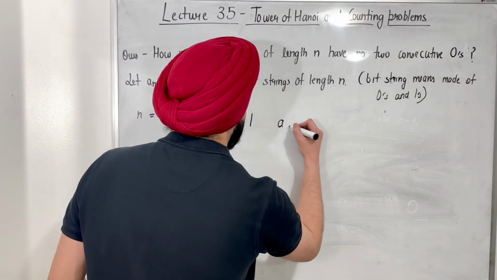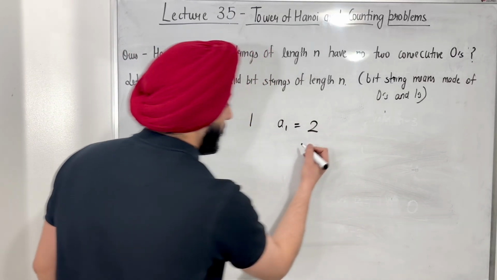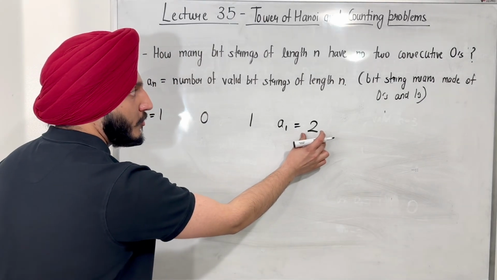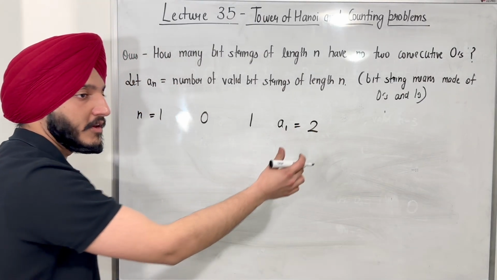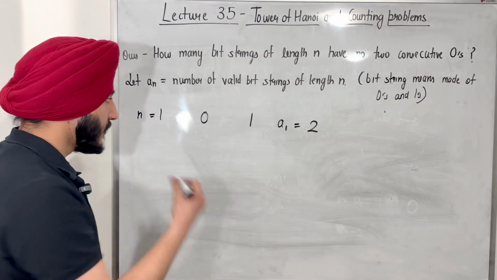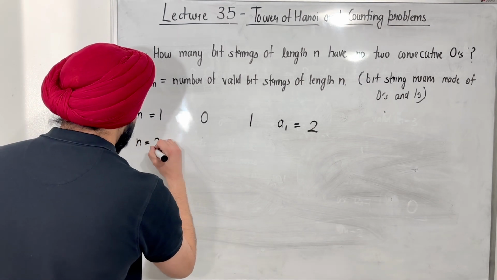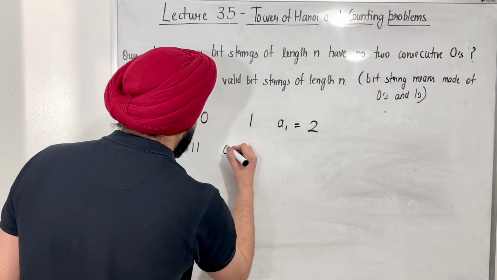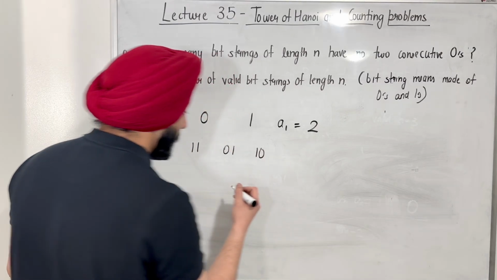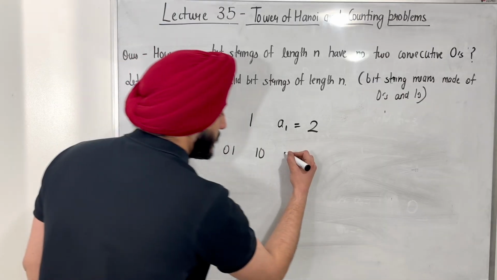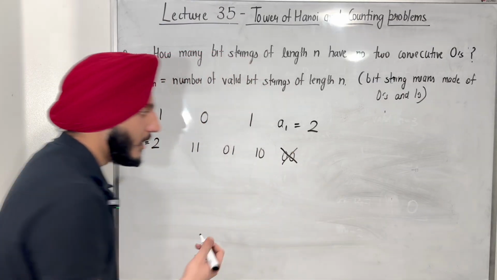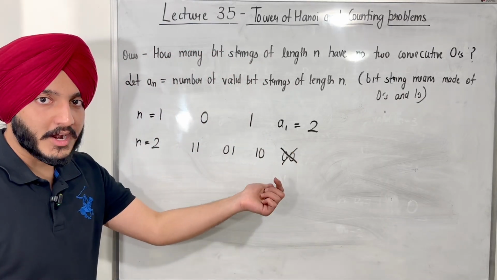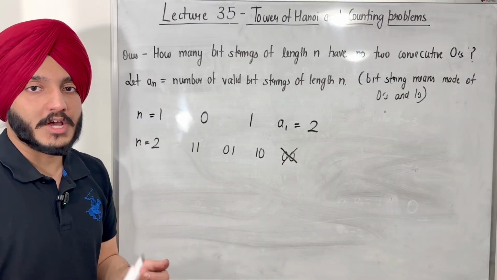So a_1 would be 2, meaning you could have 2 valid bit strings where there are no consecutive zeros. For n equal 2, you could have 1 1, 0 1, and 1 0. You cannot have 0 0 in this case, because 0 0 is not a valid bit string, since the 2 zeros are consecutive.